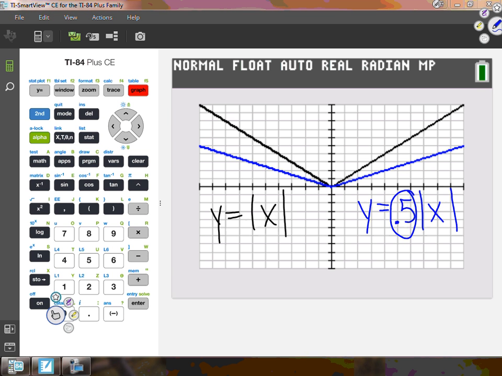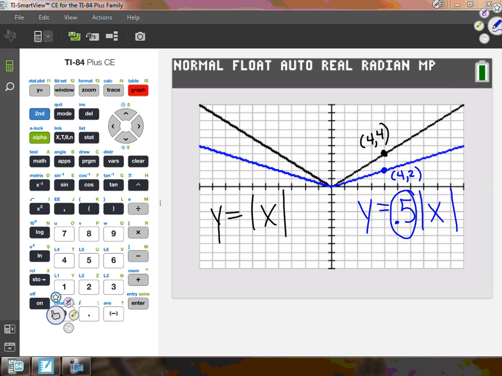Let's focus on some points. Let's go back to, how about 4, 4? Here's the point 4, 4 on the original function. At that same x value 4, the y on the blue only goes up to 2. That should be logical.